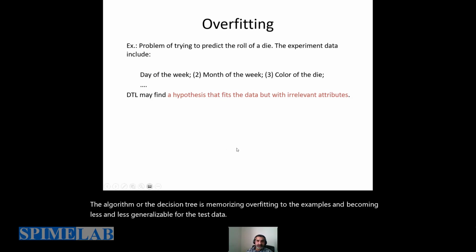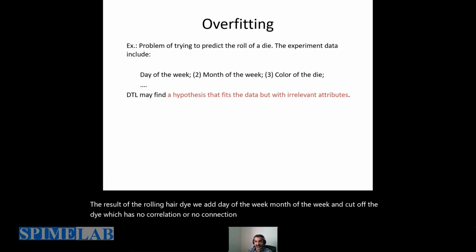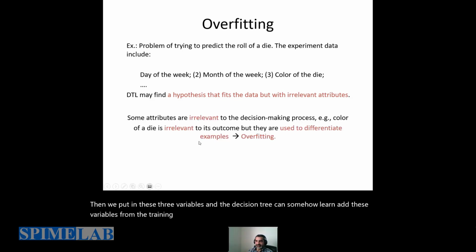It's just like if we add some random attributes, for example here, to predict the result of rolling a die, we add day of the week, month of the week, and color of the die, which have no correlation or connection with the result of the die, if it's fair. If we put in these three variables, the decision tree can learn them from the training examples and get misled.